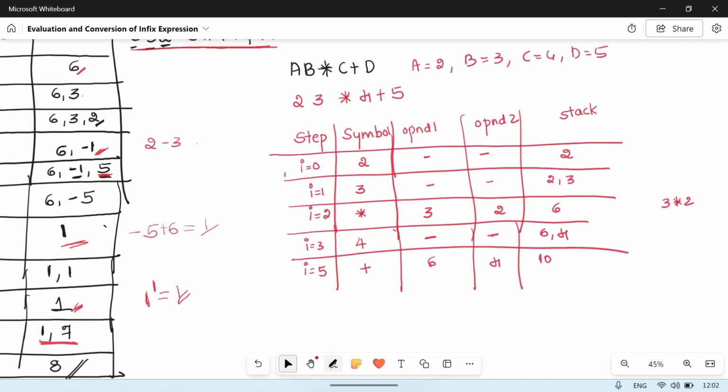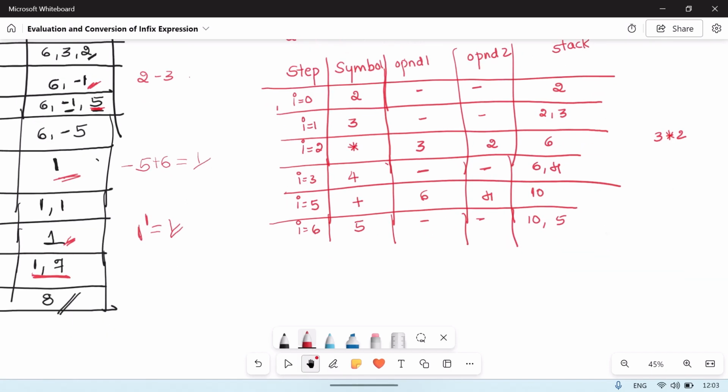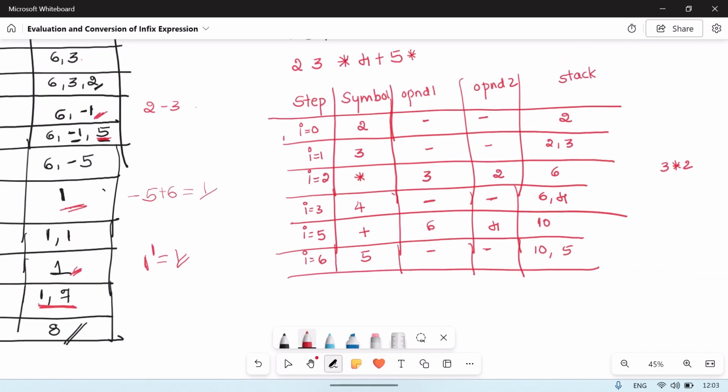Now I'll add here, because if I don't do like this, it will cause confusion. So here also I'll add that star. Next is I is equal to 6, and you have the symbol 5. So push it onto the stack. It's an operand, that's why. Next, last one that you have is I is equal to 7.